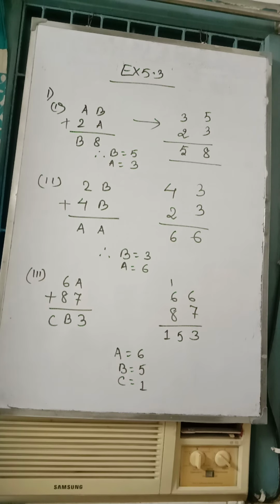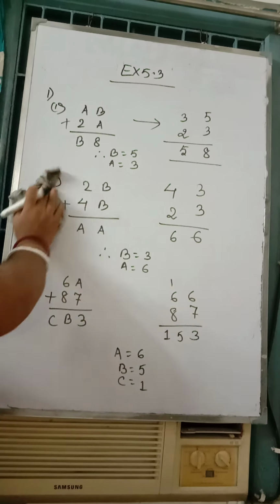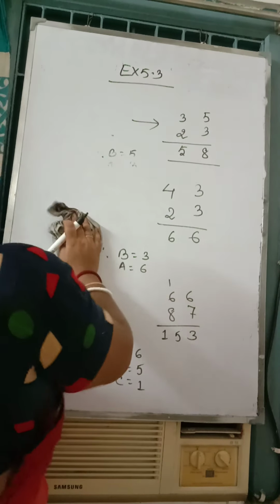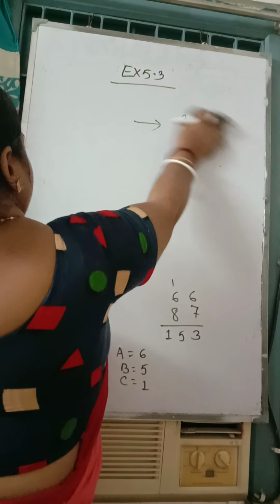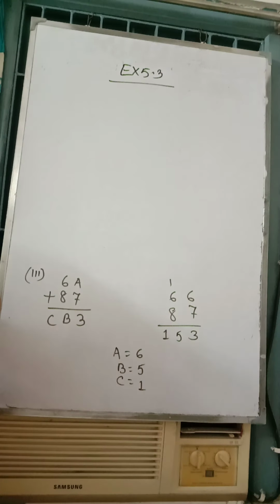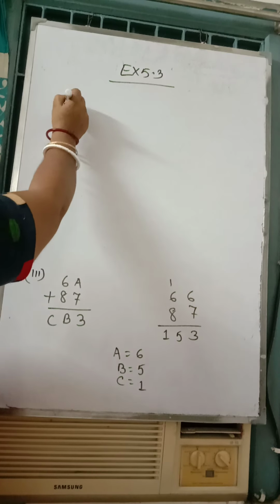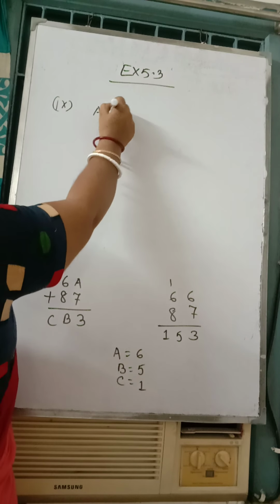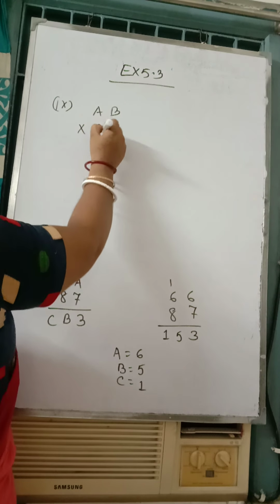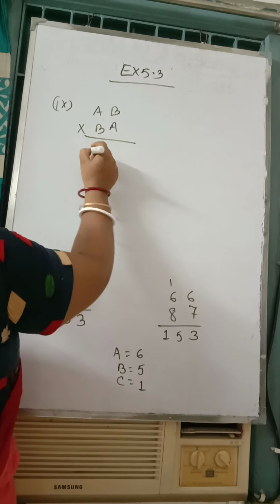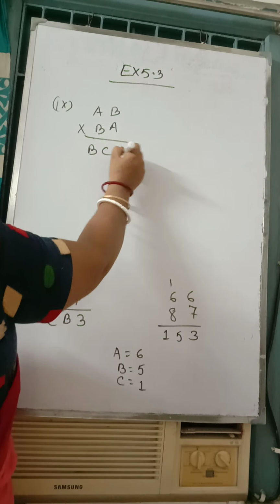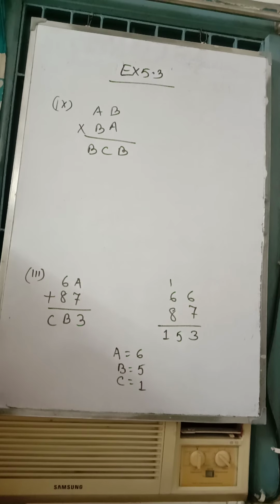Let us see number 9. AB into BA is equal to BCB. Now what should it be?